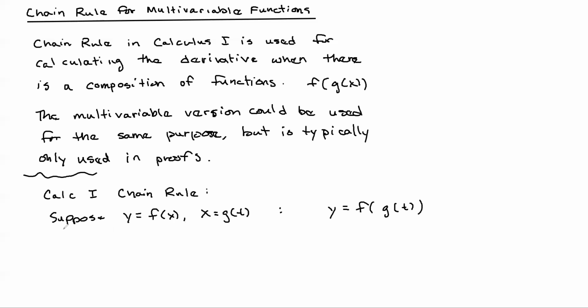But we could represent the Calc 1 chain rule in this form, where you have a function definition and a second function definition, and then if you compose them, you do get the combination that we're accustomed to. Okay, so a derivative tree, what you're going to do is start off with the parent variable, the most dependent variable, and that's going to go at the top of the tree, and you're going to work your way down, going from dependent variable to independent variable.